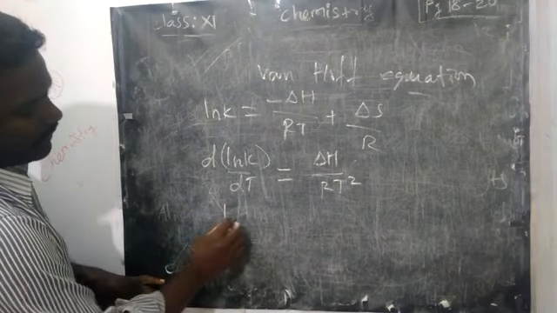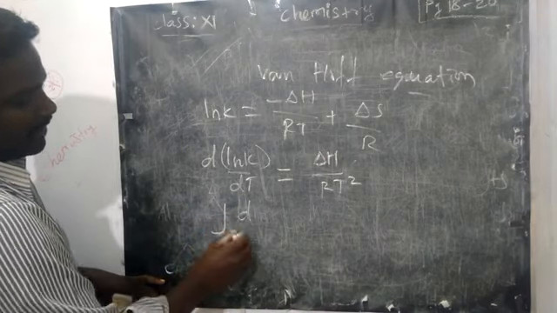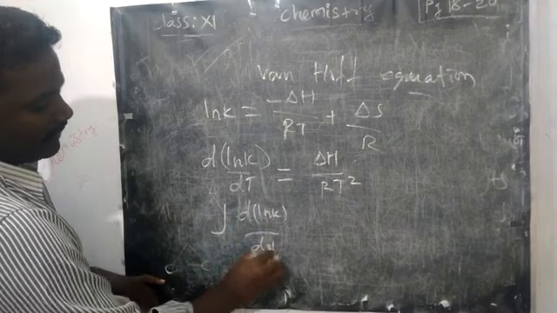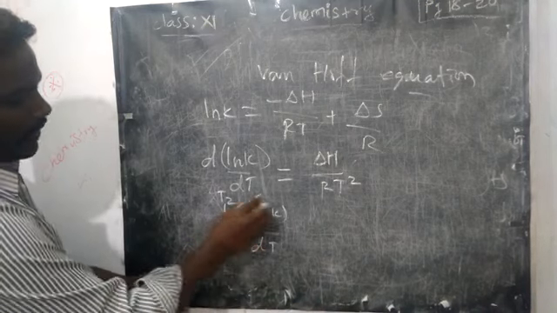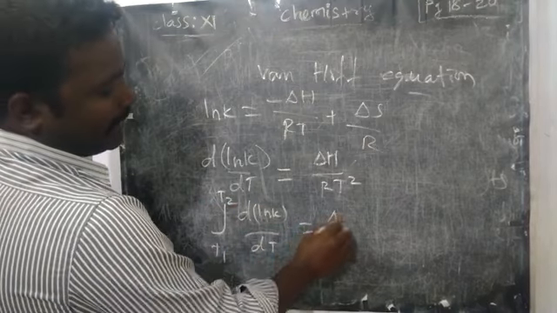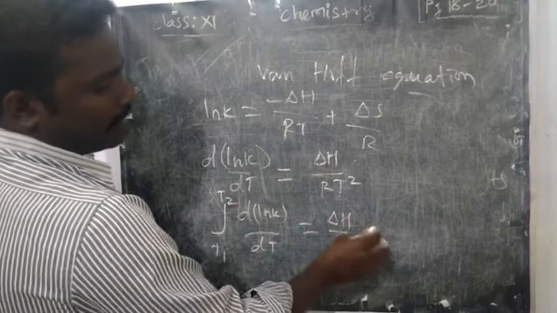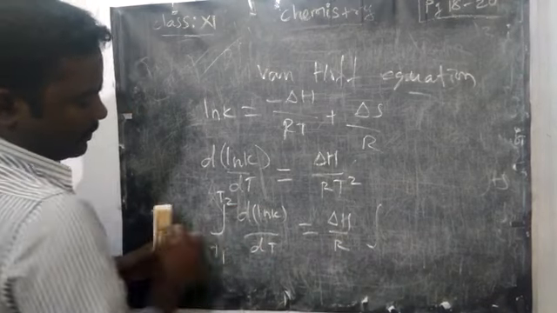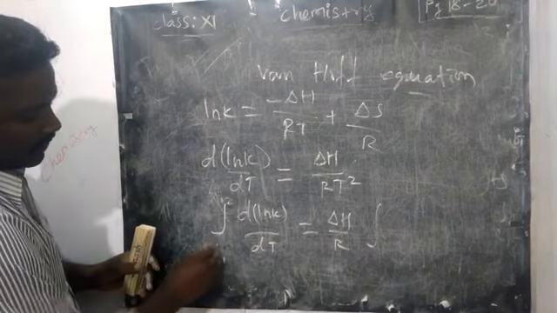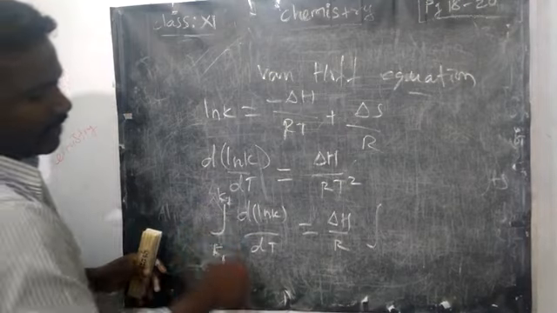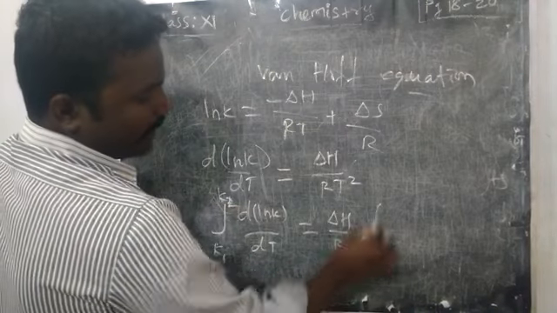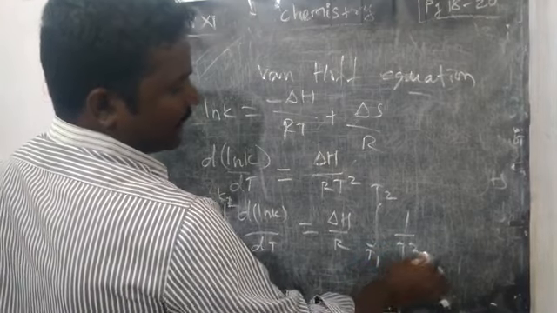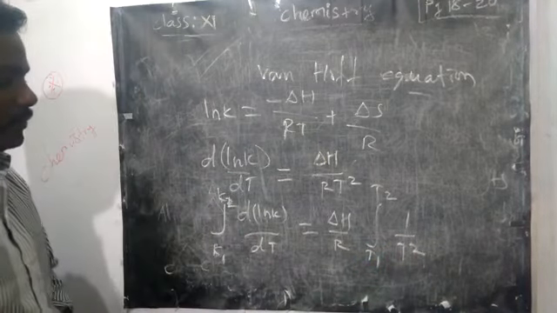So if you integrate, what will happen? Integration of d ln K, temperature T1 to T2, is equal to delta H by R, which is constant. So integration of K1 to K2 is with respect to the equilibrium constant. Here only T1 to T2 of 1 by T square. We know very well what that is.